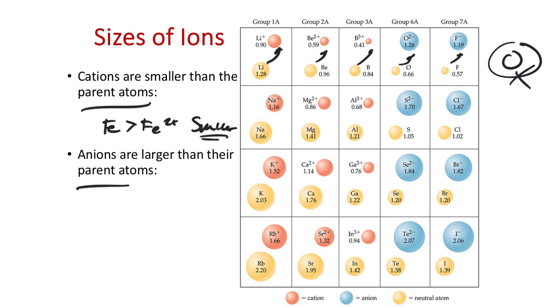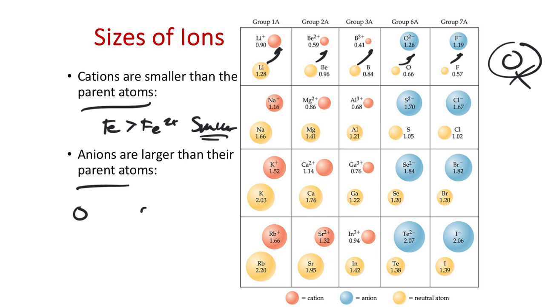Now, when we have a metal, we're never going to find that we can, in a stable way, add electrons into an atom. For metals, they only ever lose electrons to form stable compounds. So we're never going to have iron 2 minus or iron minus. It's going to be the non-metallic elements that add electrons to themselves.